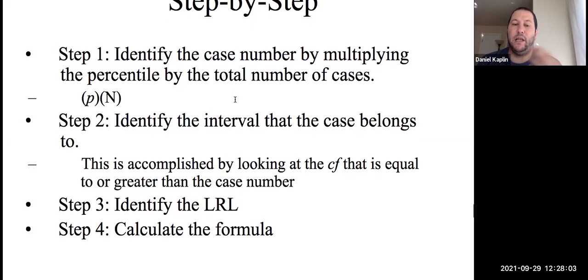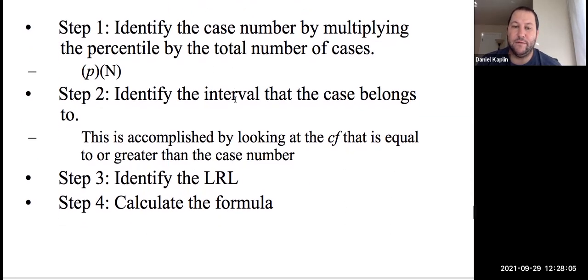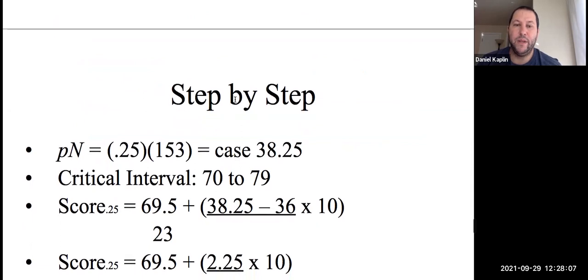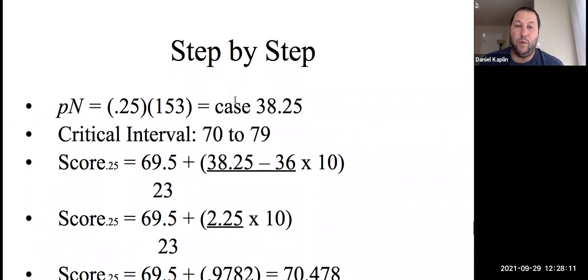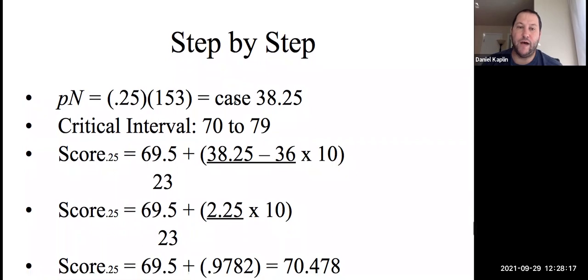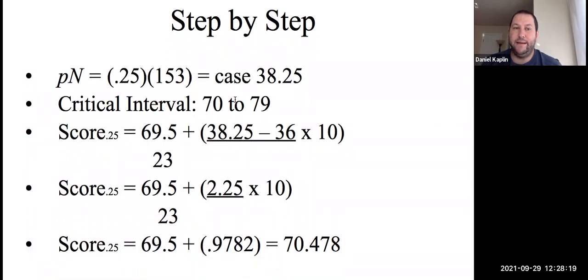Then we identify the lower real limit of that class interval, and then we calculate the formula. So if we do this, step one was P times N, 0.25 times 153. We got case number 38.25, which landed in the critical interval, a class interval of 70 to 79.